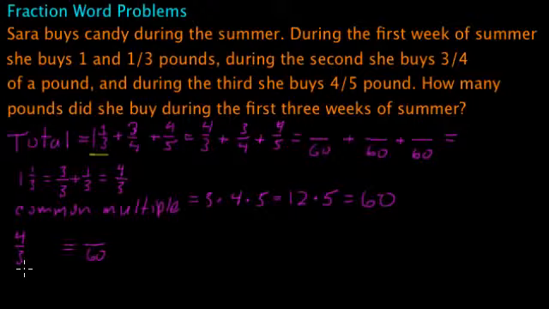So if I'm going to multiply, I have to multiply 3 by something to get 60. So 3 times 20 equals 60. I could take 60 divided by 3 to find the 20.